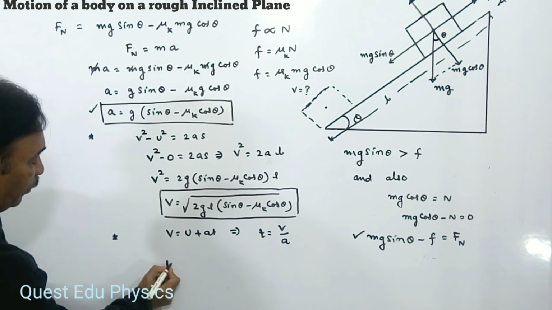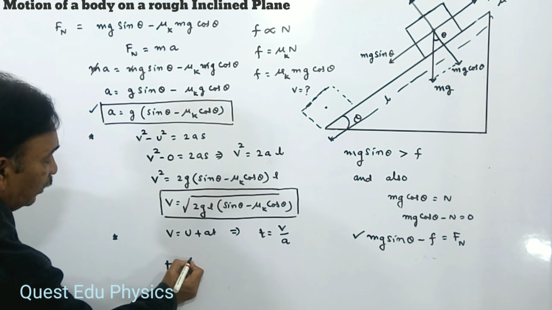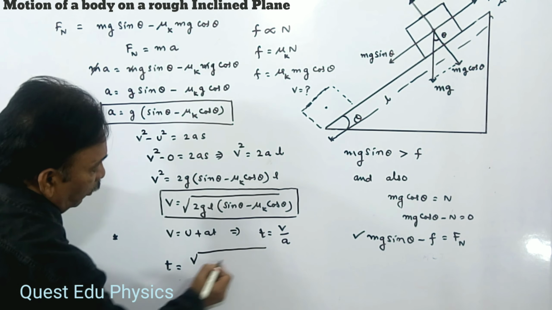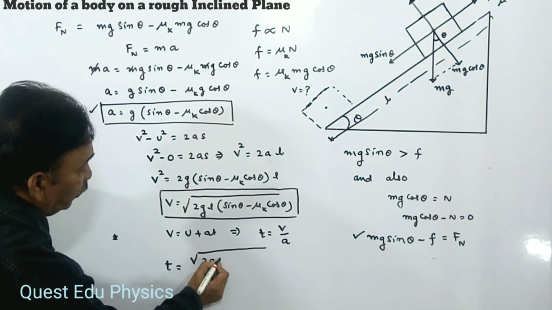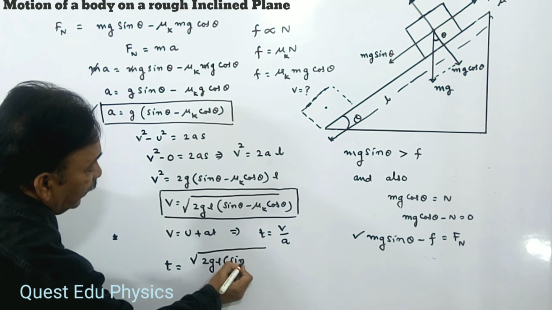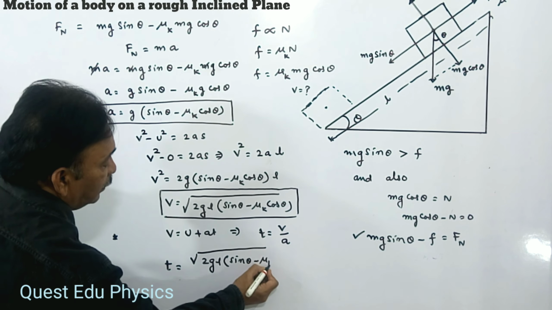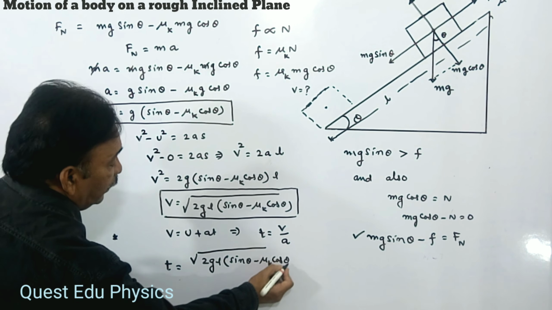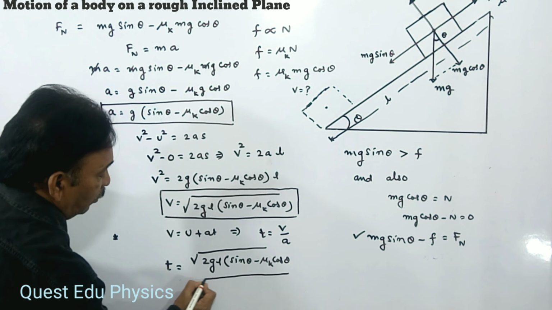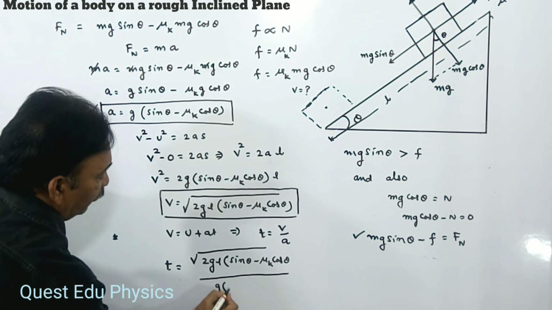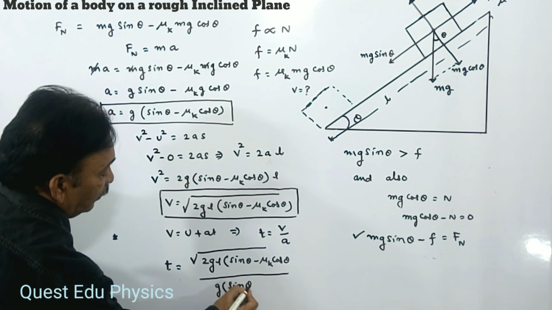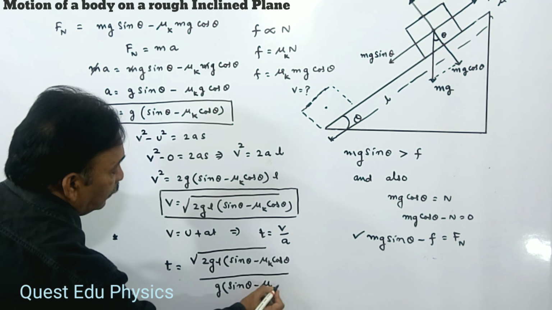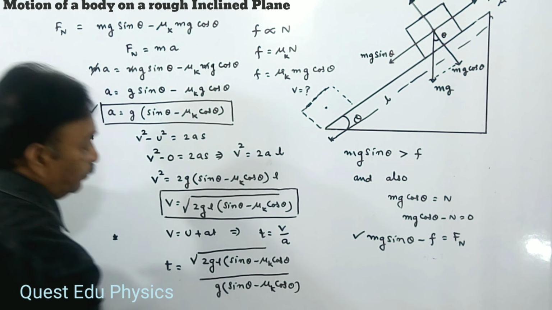Okay students, already we have the v as well as the a. Then t can be written as under root of 2gl into sine theta minus mu k cos theta upon g of sine theta minus mu k cos theta.